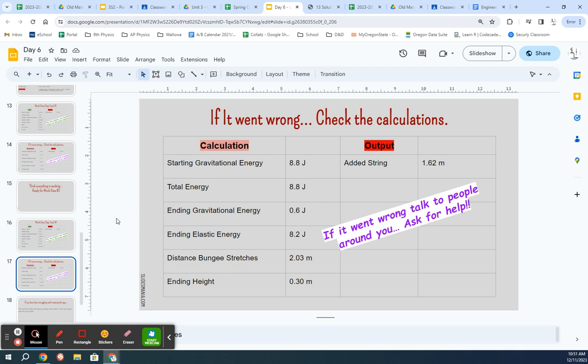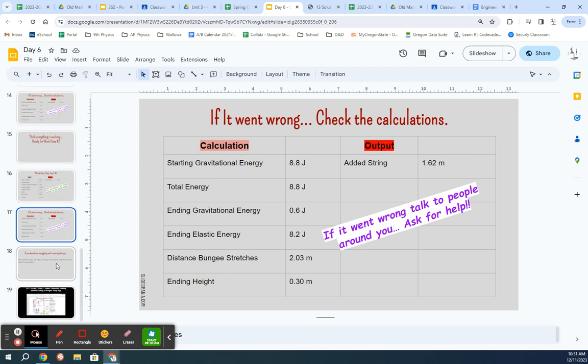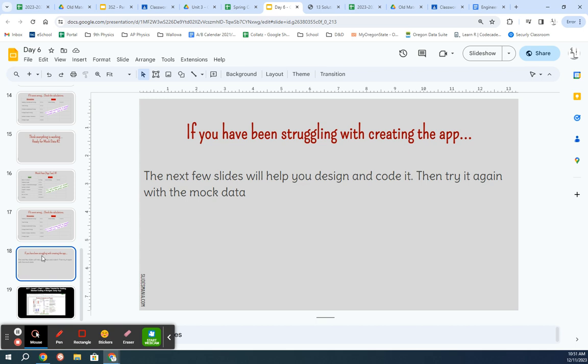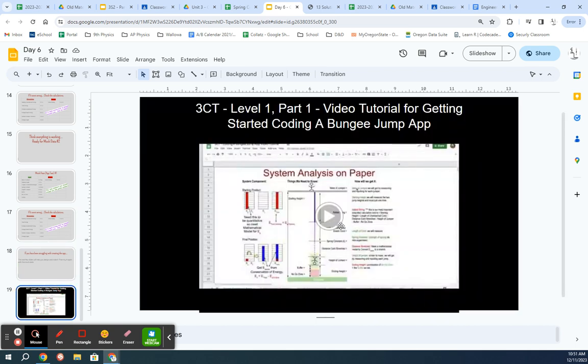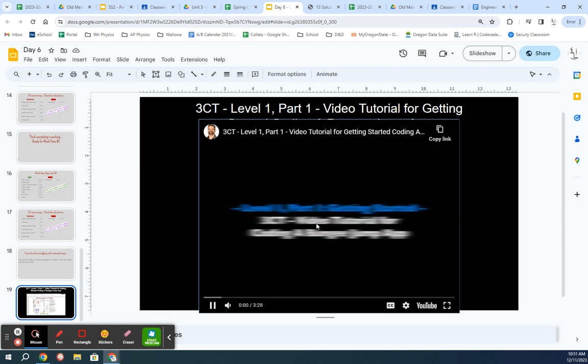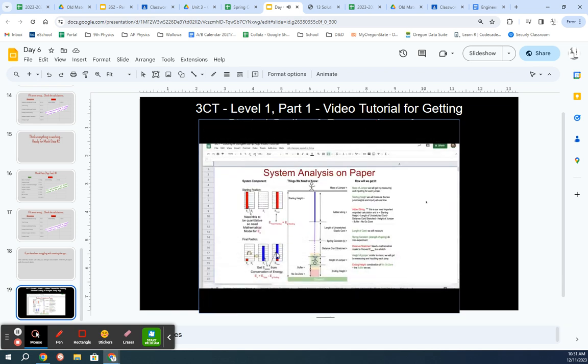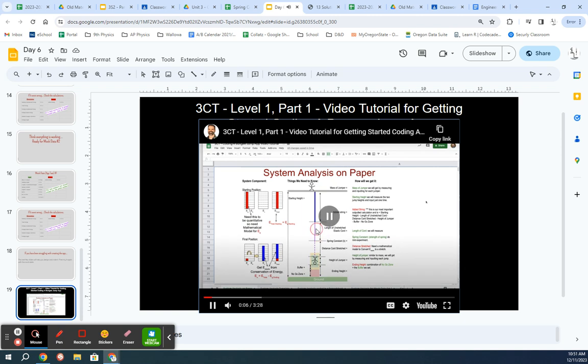If you are really struggling with this app stuff, if you need lots of help with it, the next slide will kind of walk you through how to do that. All right, so again, this video is going to walk you through how to do that stuff so that you guys can check and make sure that you are understanding where all these things come from.